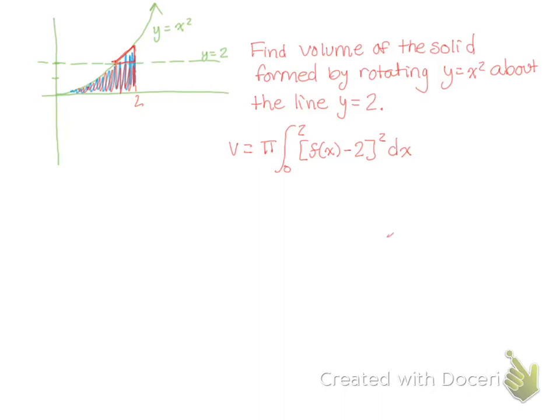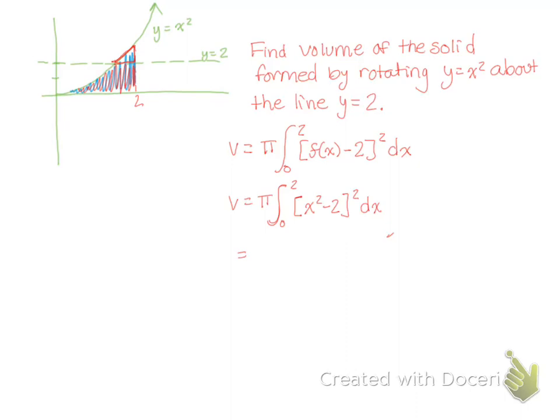So this would turn out to be x squared minus 2. Well, that makes no sense whatsoever. So v equals pi. Punch that into your calculator. Let me see what you get.